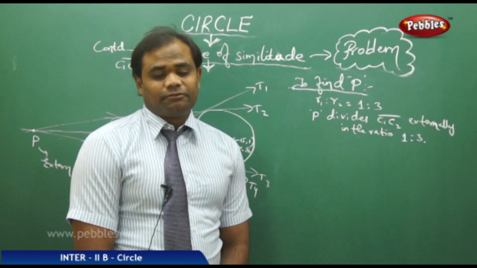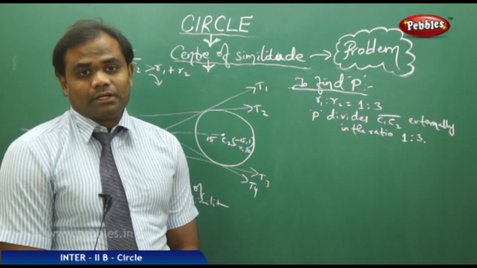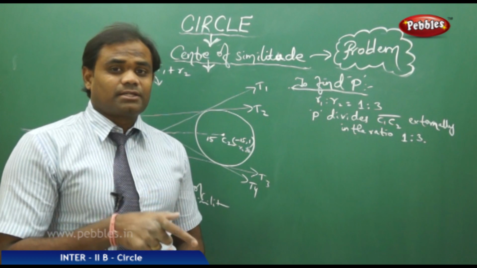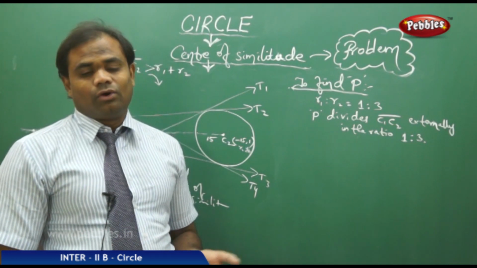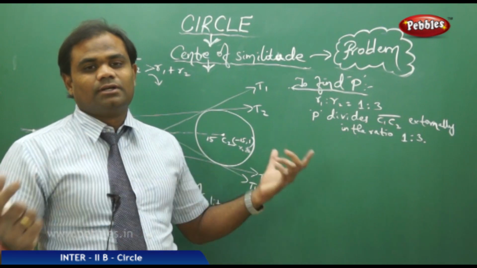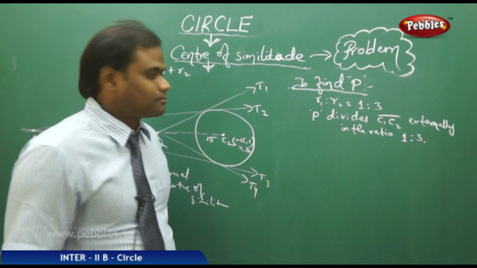Now we know that if a point divides externally, then we get the formula (mx2 minus nx1) by (m minus n). All the plus in between is replaced with minus for the external point which we find.